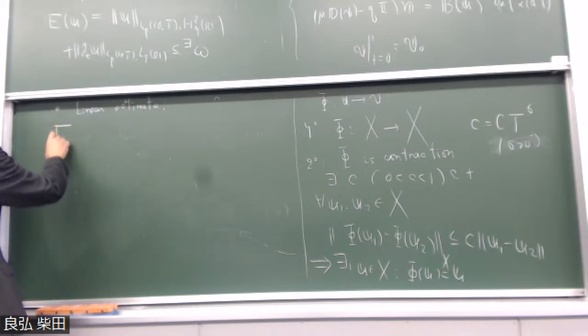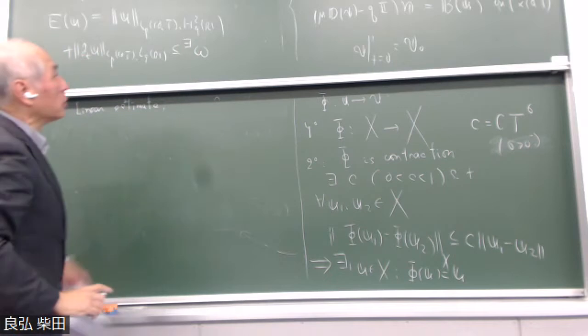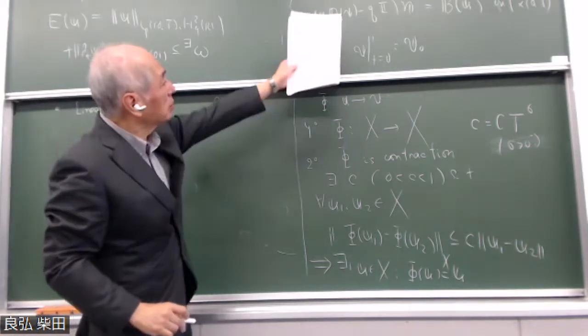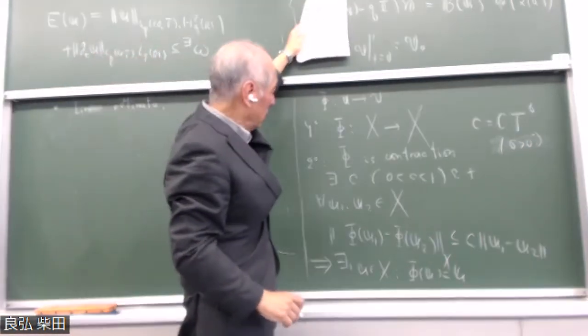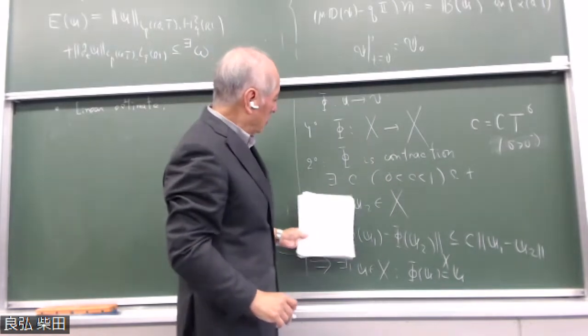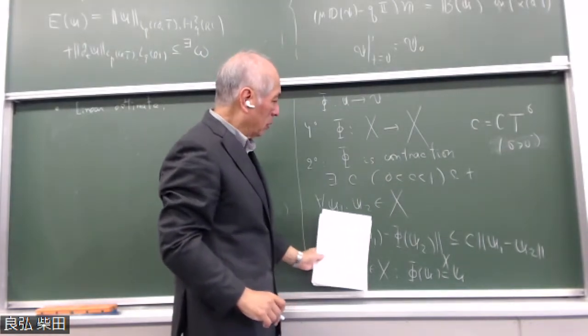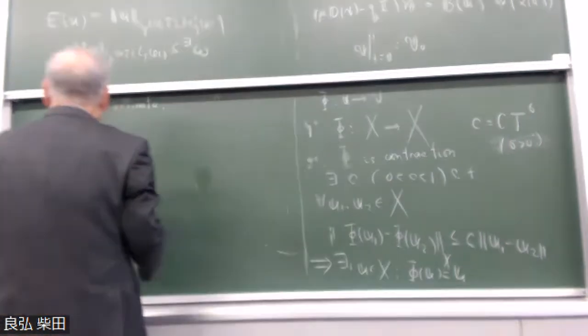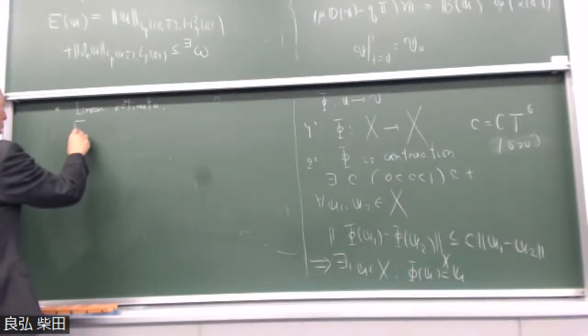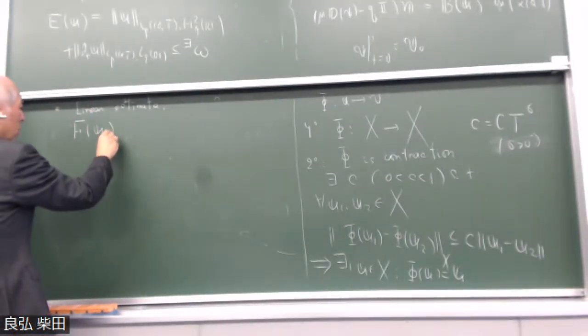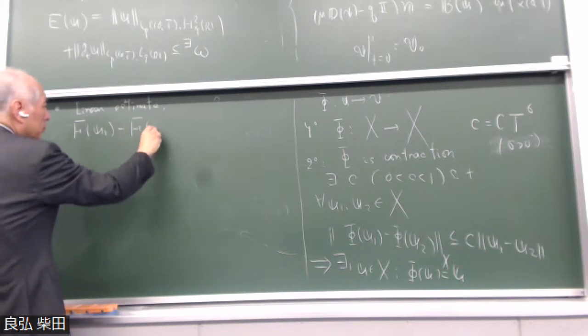Also, in order to show the second estimate, we have to consider f(u1) minus f(u2).